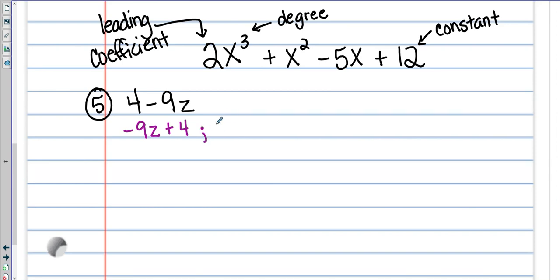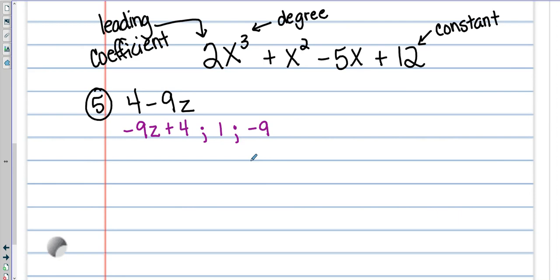Okay, so what's the degree here? Well, you're going to look at your answer, and the degree is the exponent of the first term, and it's invisible 1, so we're going to say 1. That's our degree. Then it's asking you for the leading coefficient. The leading coefficient is the number in front of z, and here it is the negative 9. So we're going to say negative 9.